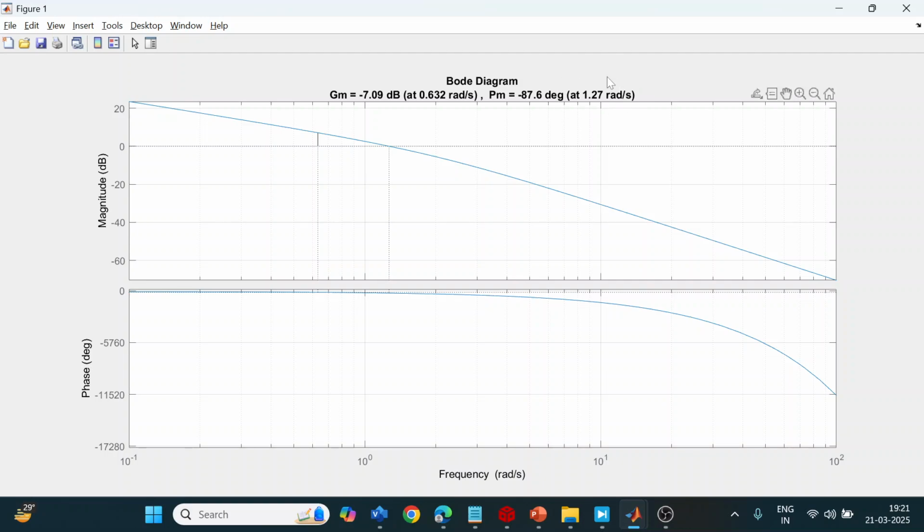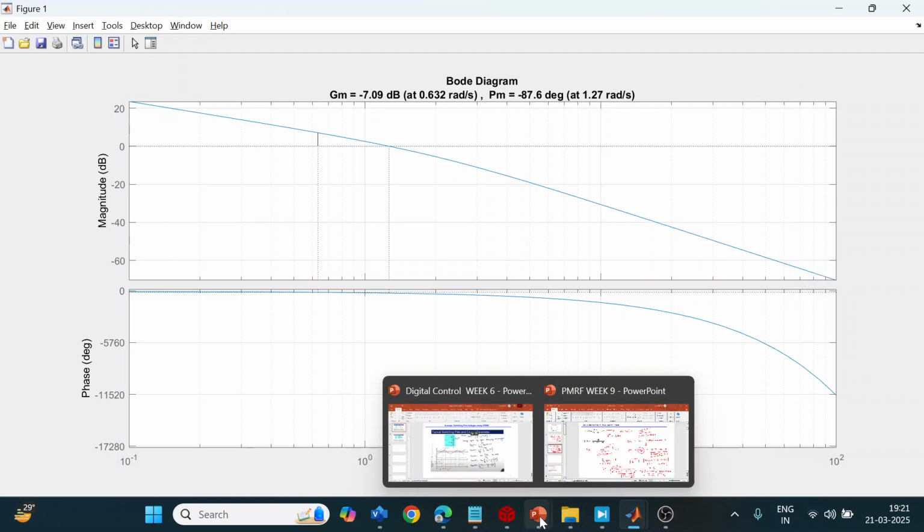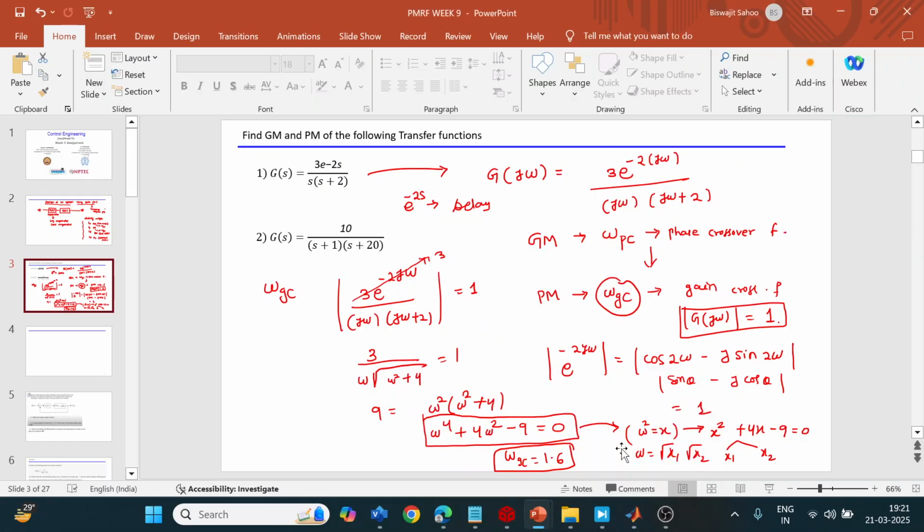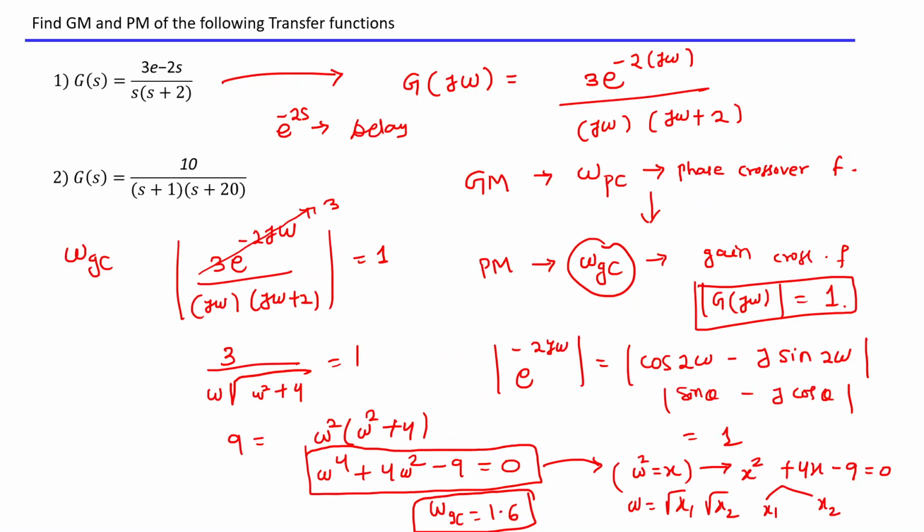Okay, you can check the calculation properly. You will find that omega gc is 1.27 radian per second, and corresponding to omega gc you get a phase margin. What is the definition of phase margin? Coming back to my slide, phase margin is the phase that the system has for system stability.